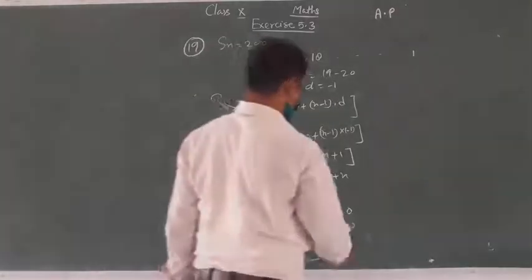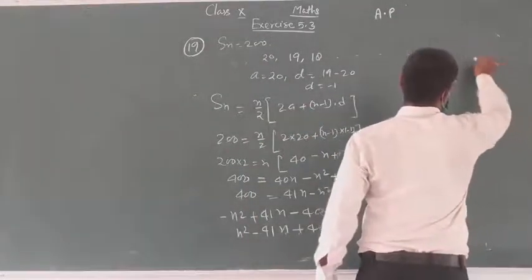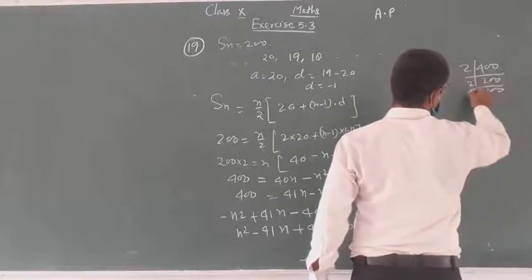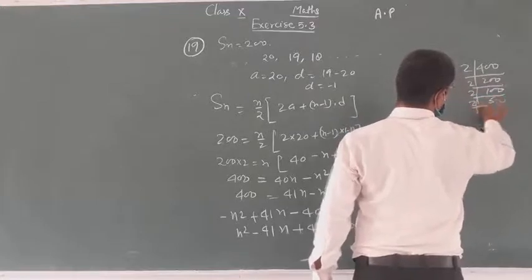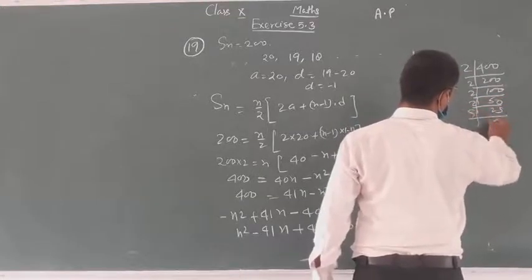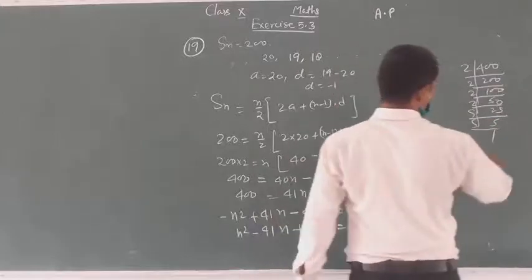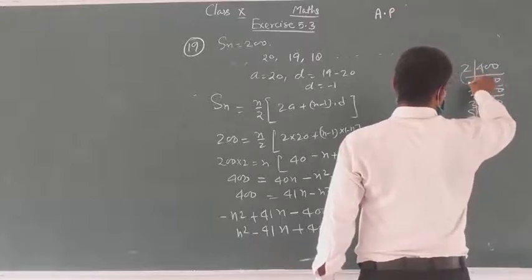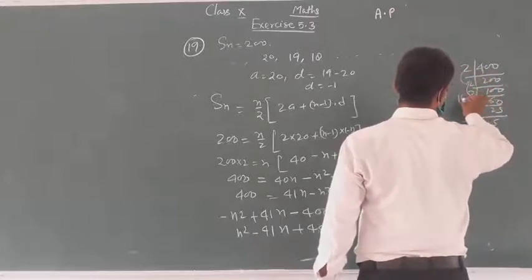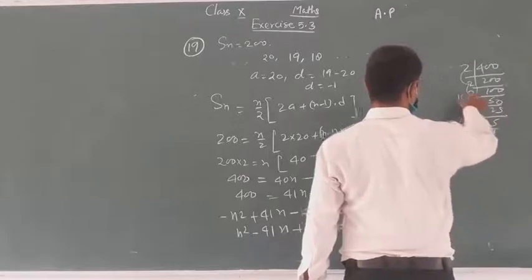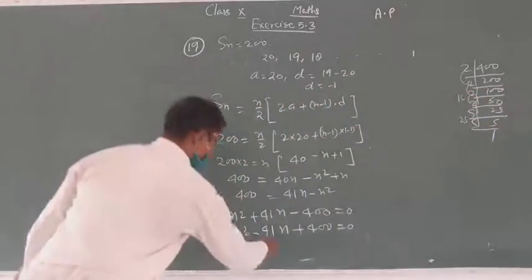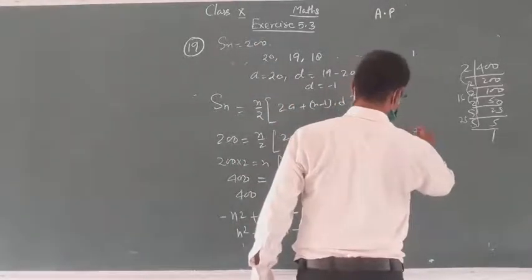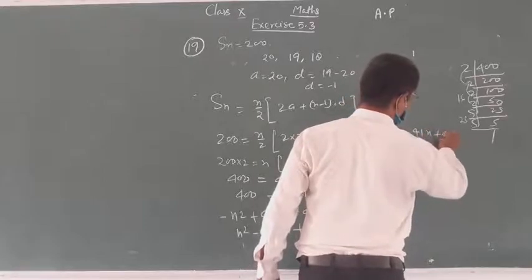Now factorization of 400: divide by 2, 200, divide by 2, 100, divide 25, divide 5, so 1 also. So multiply 2 by 2 is 4, 2 by 8 is 16, and 5 by 5 is 25. 25 plus 16 is 41. So now put here n square minus 41n plus 400.